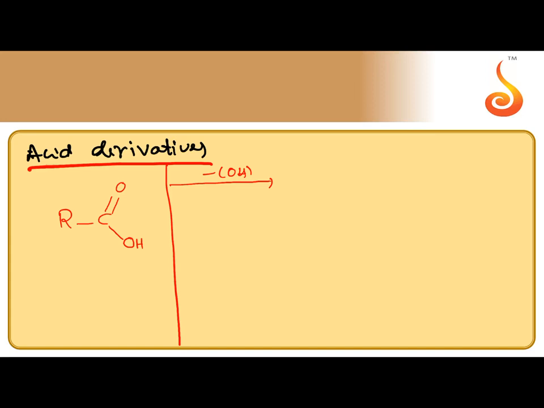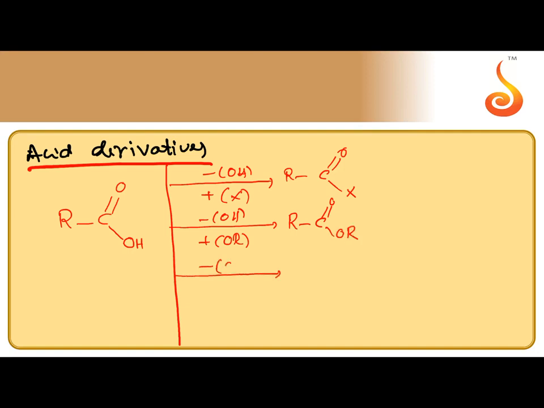This is not the preparation method, just to understand how to get acid derivatives. In place of OH, you put a halogen, then we can get acid halides. In place of OH, if an alkoxy group is attached, we can get an ester.